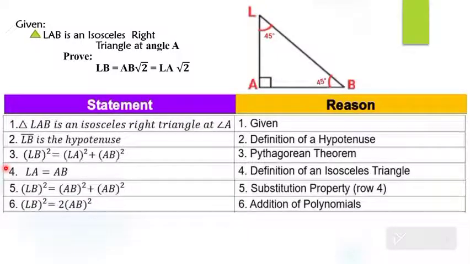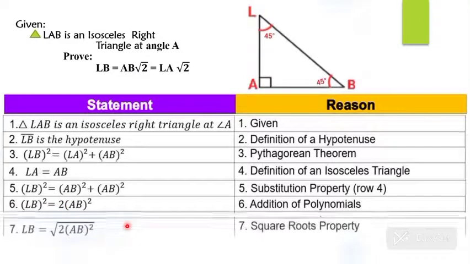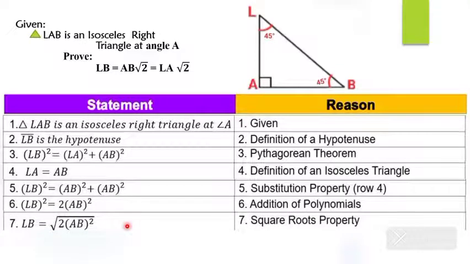Next, we have LB squared is equal to 2AB squared. By the addition of polynomials, we simply add AB squared plus AB squared, and then we have 2AB squared. Next, we have LB is equal to the square root of 2 times AB squared, using the square root property.